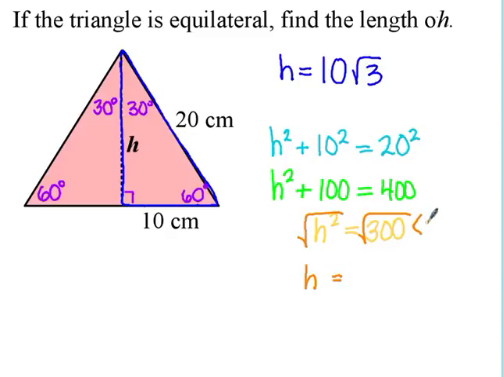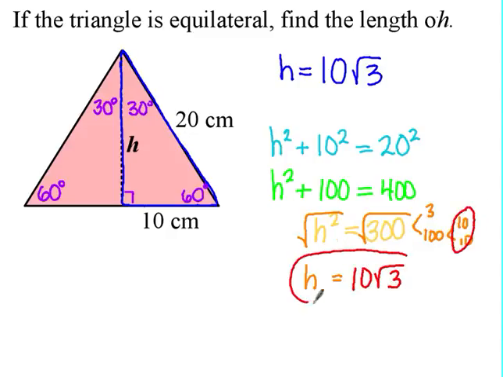I can break that down to 3 and 100. And what can you break 100 down to? 10 and 10. There's your pairs, which is exactly what you wanted. There you go. And so you have 10 root 3. So either way, you can get there. It's just that the second way, if you don't recognize it, is a little bit more work.